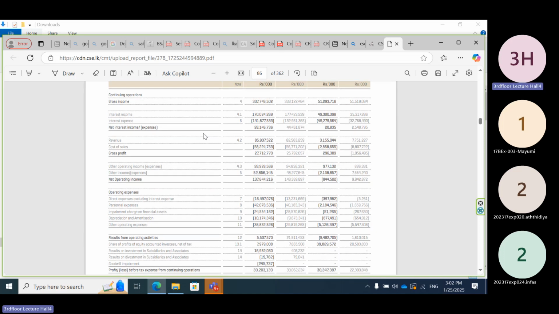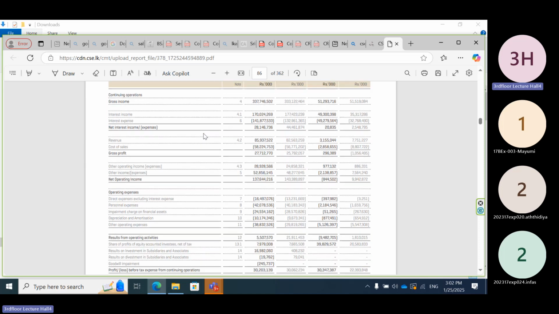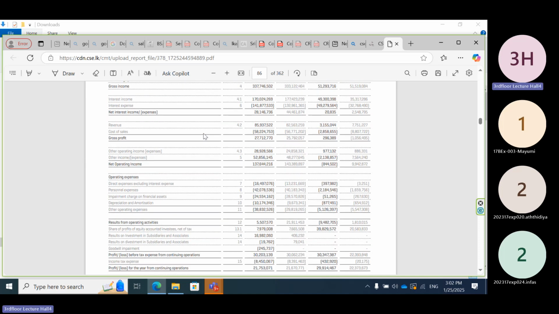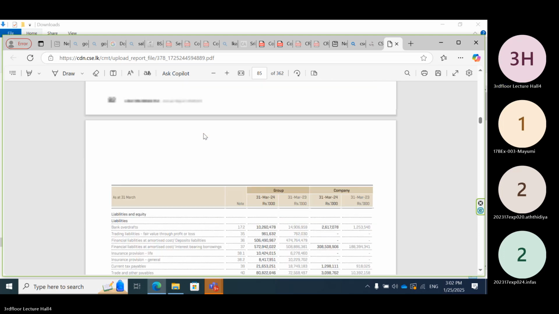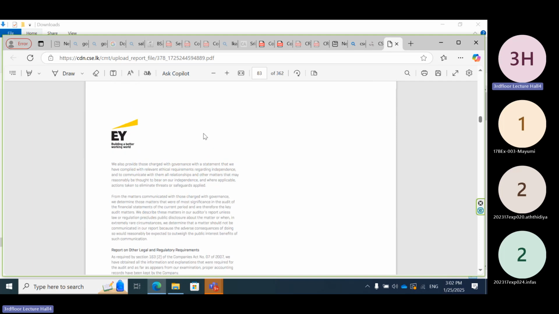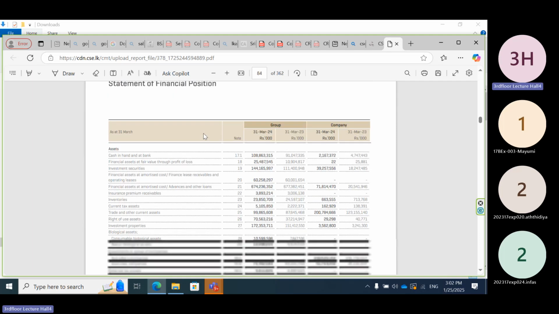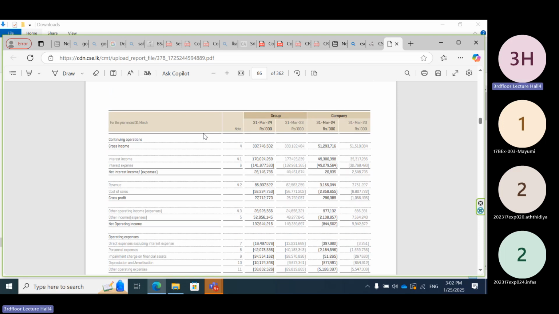So this is a kind of a lengthy, complex consolidation calculation from LOLC group, right? You can see that P&L balance sheet and then the P&L.